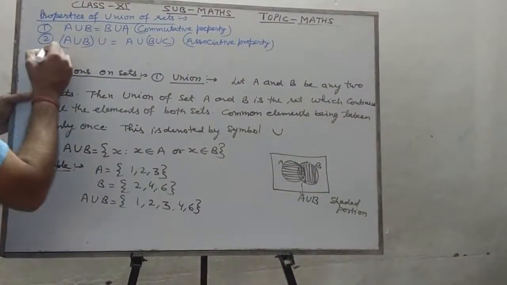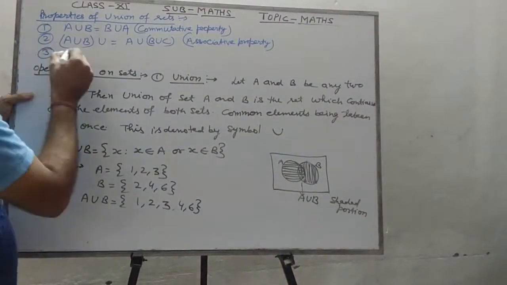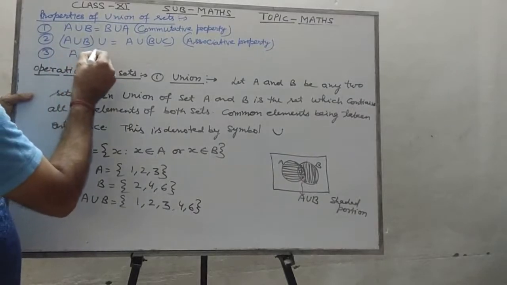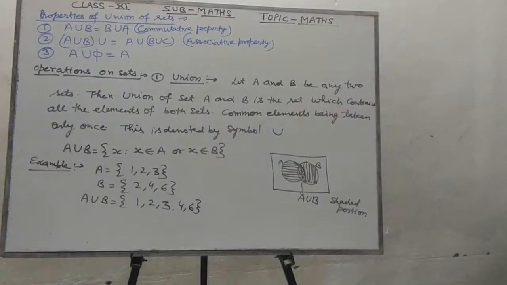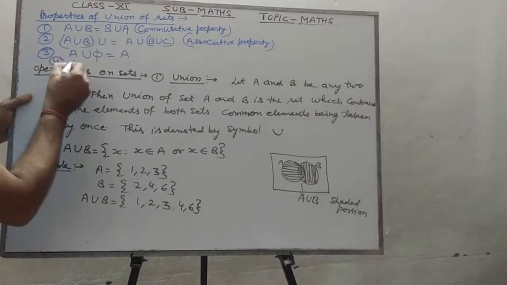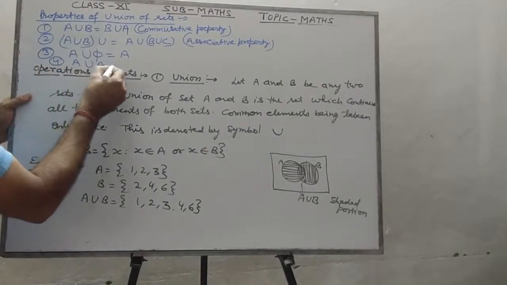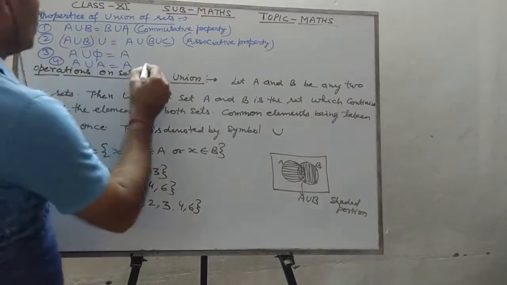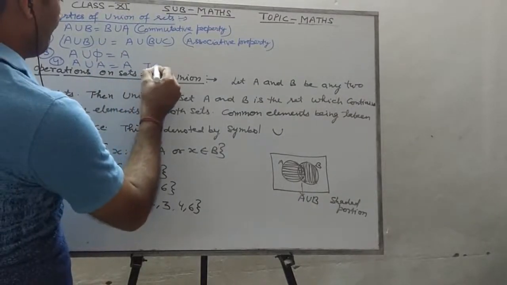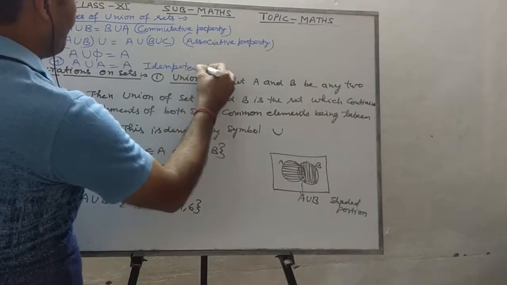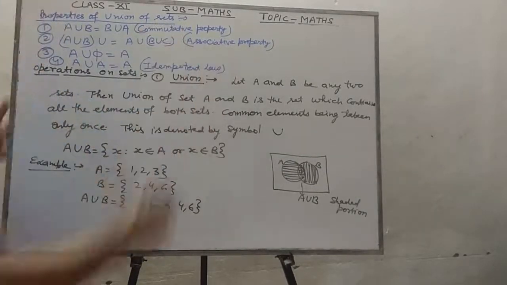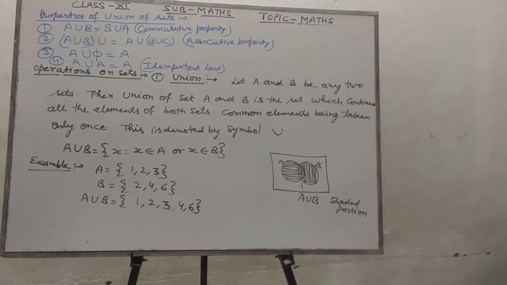Phi is the identity for union. If we take A union phi, it means phi is the identity for the union of sets. Then A union A is again A, and this is known as the idempotent law.